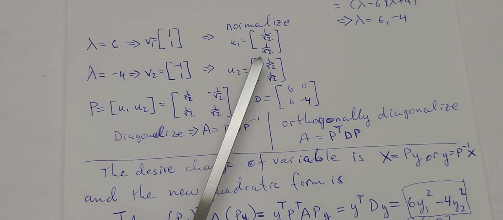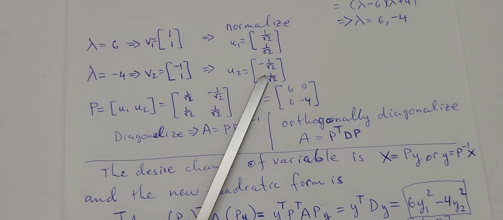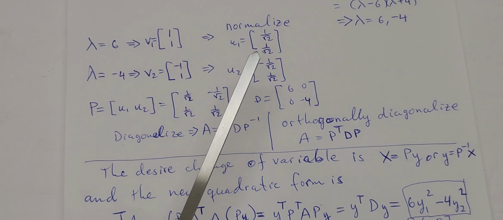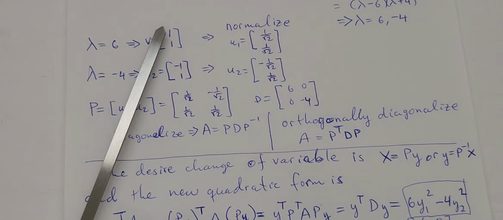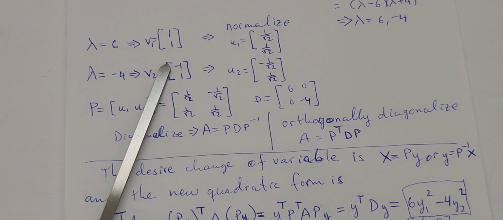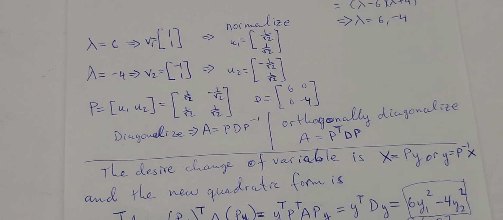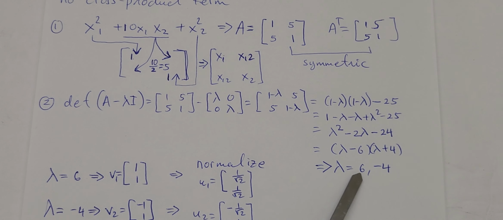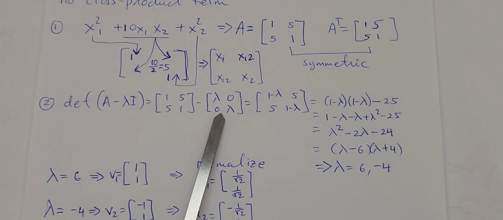So again, this right here is the normalized eigenvector, which came from the regular eigenvector. The regular eigenvector came from the eigenvalue. And the eigenvalue came from finding the determinant of A using lambda.